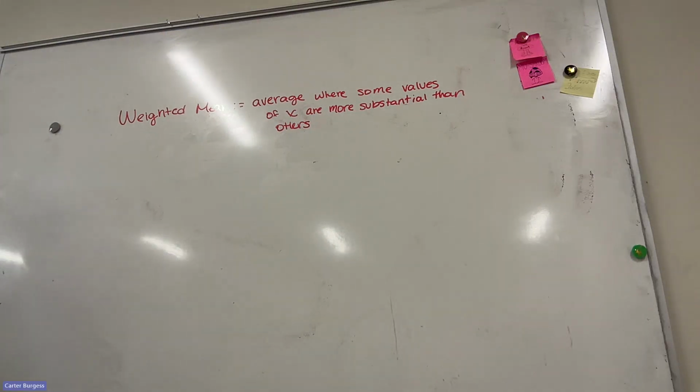Right. This is not the difference between scoring a 90 on a quiz and scoring an 83 on a quiz. This is the difference between scoring a 90 on a test and scoring a 90 on a quiz. So there's something fundamentally different about it: even if you get the same measurement of x, one of them is more significant than the other.